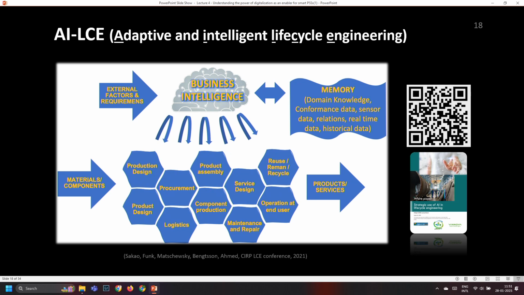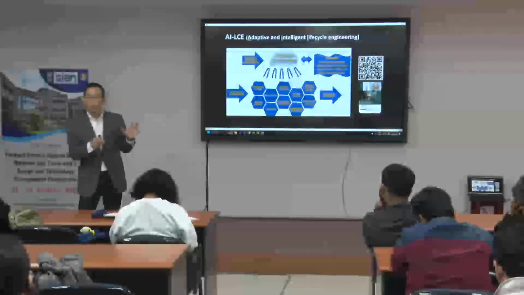So at the bottom of this picture, you see different activities or different lifecycle phases. For example, product design, service design, product assembly, production design. All of these are lifecycle phases.